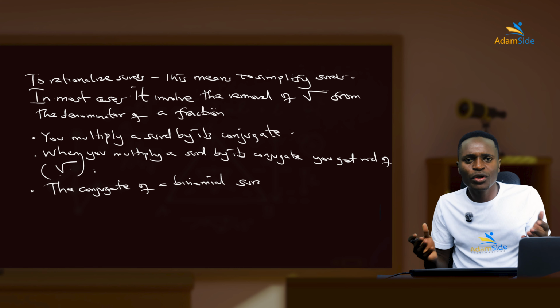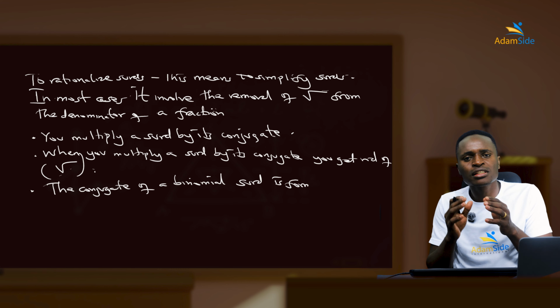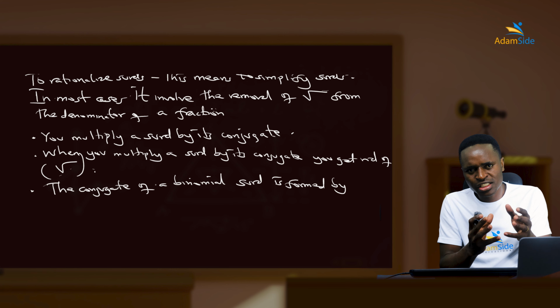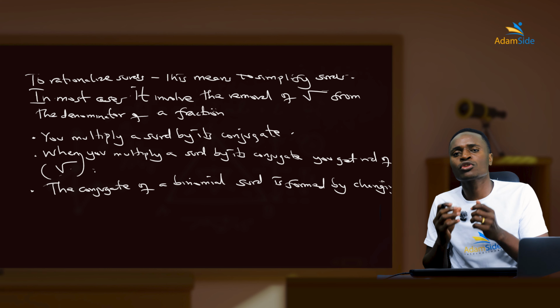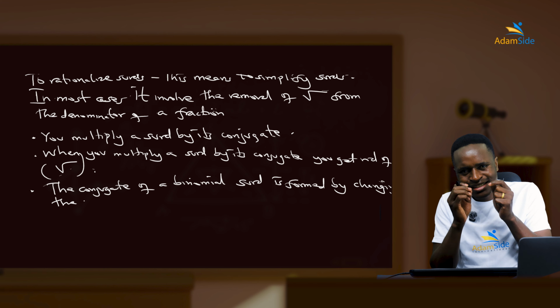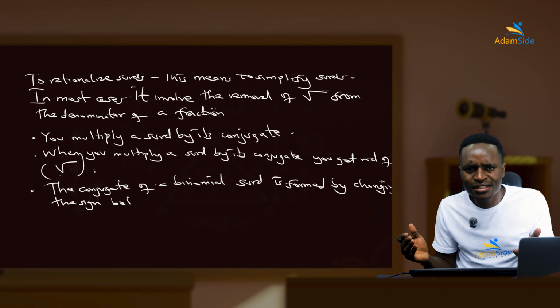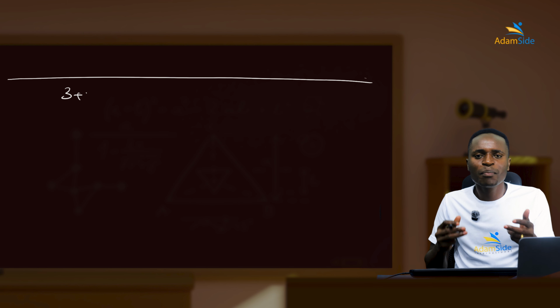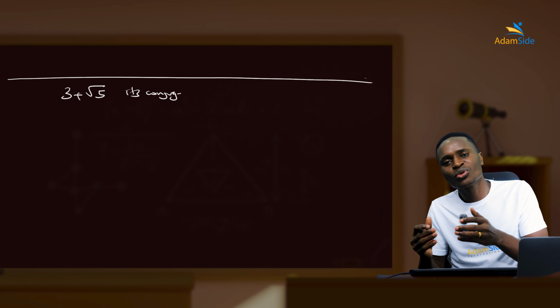And obviously, 3 plus root 5 is an expression that is written in the form of a surd with a whole number. So to find its conjugate, it will be the same number with the same radical but a different sign. So for 3 plus root 5, its conjugate will be 3 minus root 5.